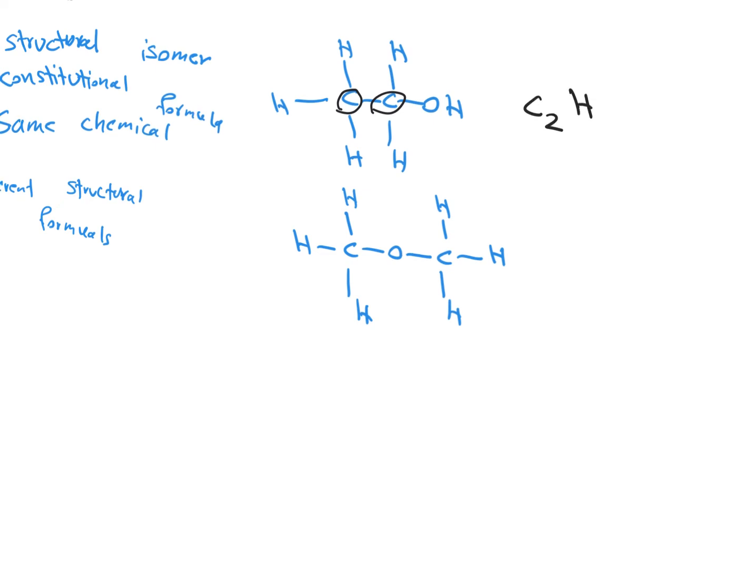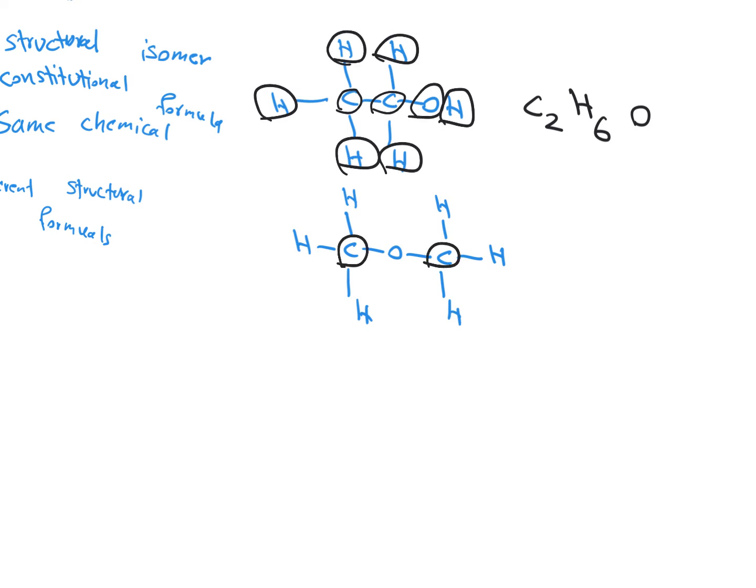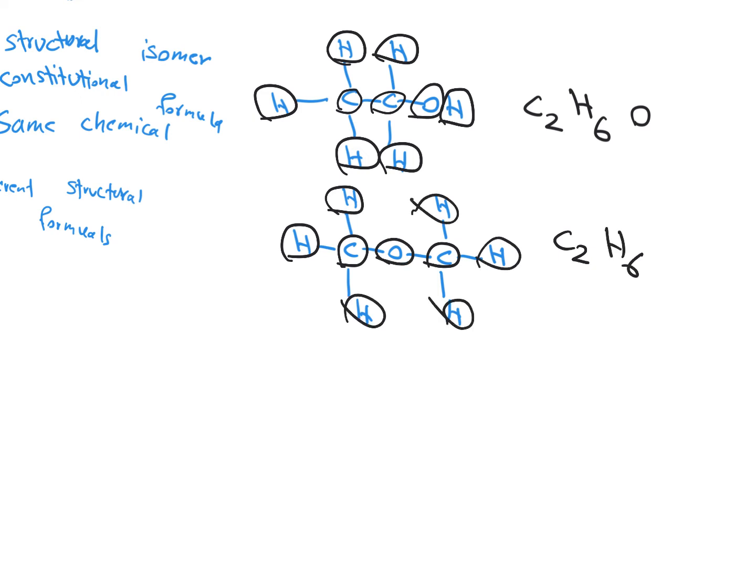And then how many hydrogens? 1, 2, 3, 4, 5, 6. And then 1 oxygen. If I do the same below, you have 2 carbons, 6 hydrogens, and 1 oxygen.